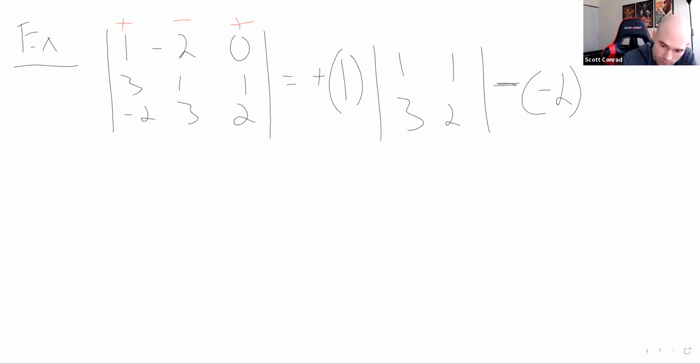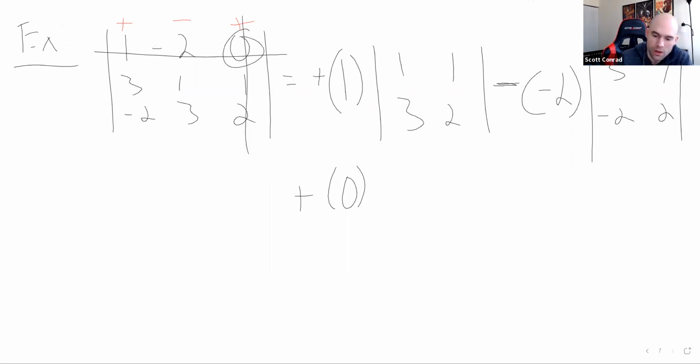Can't forget that minus. Cross out the row and column. Multiply by the determinant of the remaining entries, 3, 1, negative 2, 2. And then do the same for the third. So plus 0. Cross out the row and column containing it. Take the determinant. Doesn't really matter because we're multiplying by 0, but I'll write it down: 3, 1, negative 2, 3.